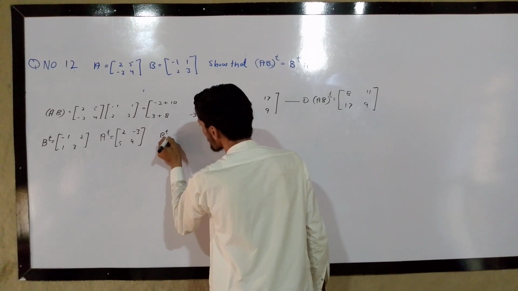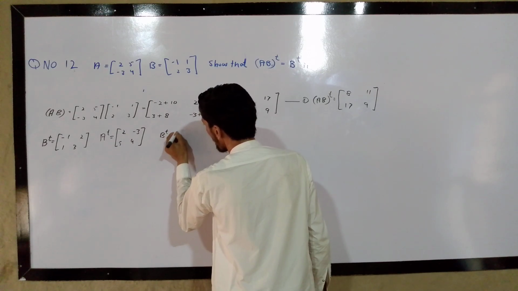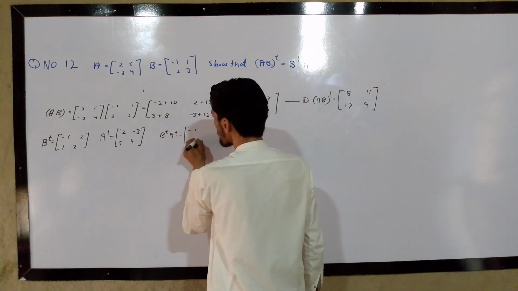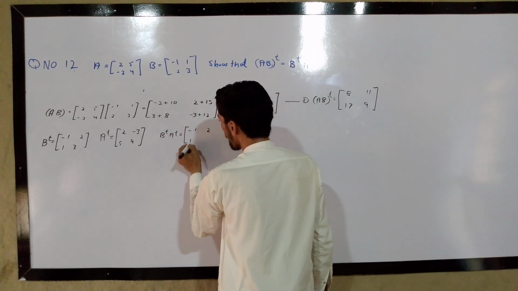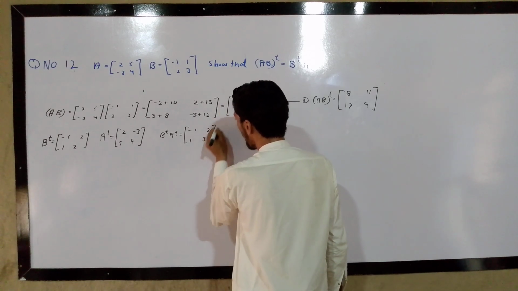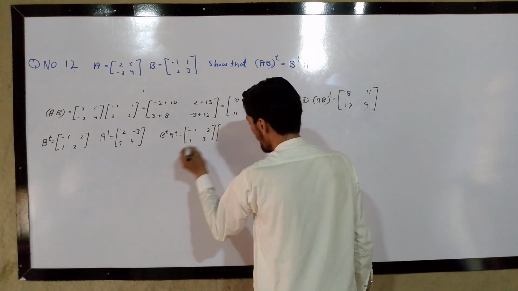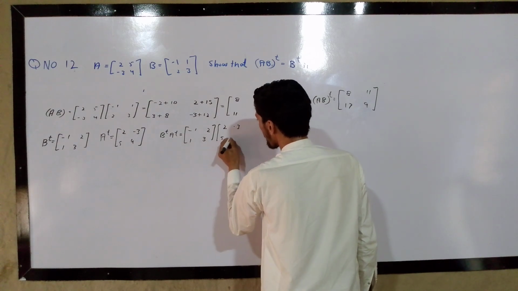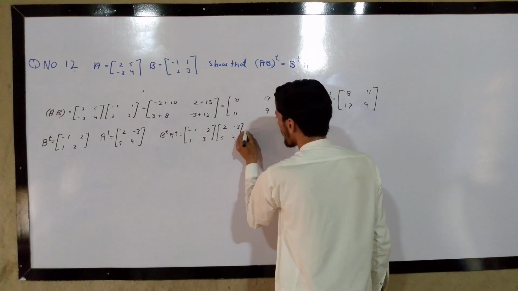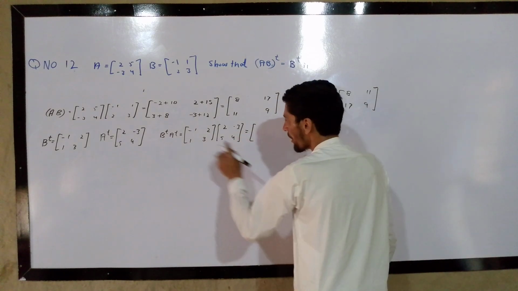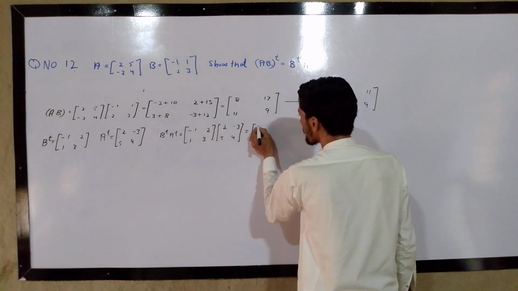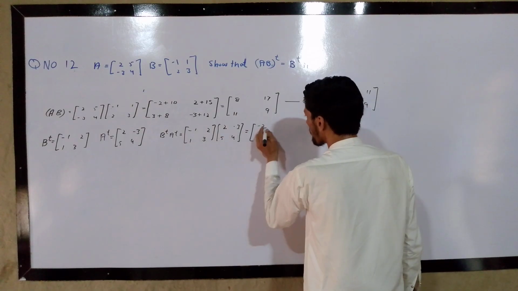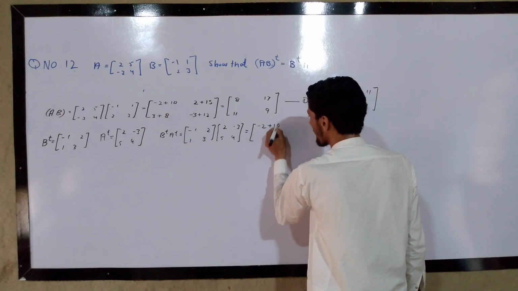Now let's multiply B transpose and A transpose, which is [-1, 2; 1, 3] times [2, -3; 5, 4]. -1 with 2 is -2, and 2 with 5 is plus 10.